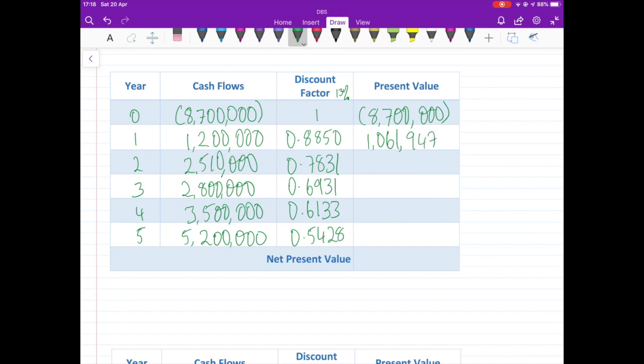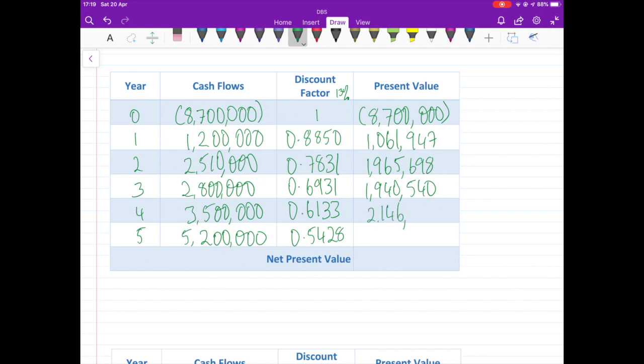The second figure will give a net cash flow of just over €1 million in year 1. In year 2, it will be just under €2 million. In year 3, it's going to be 2.8 million by 0.6931, which will give €1,940,540.